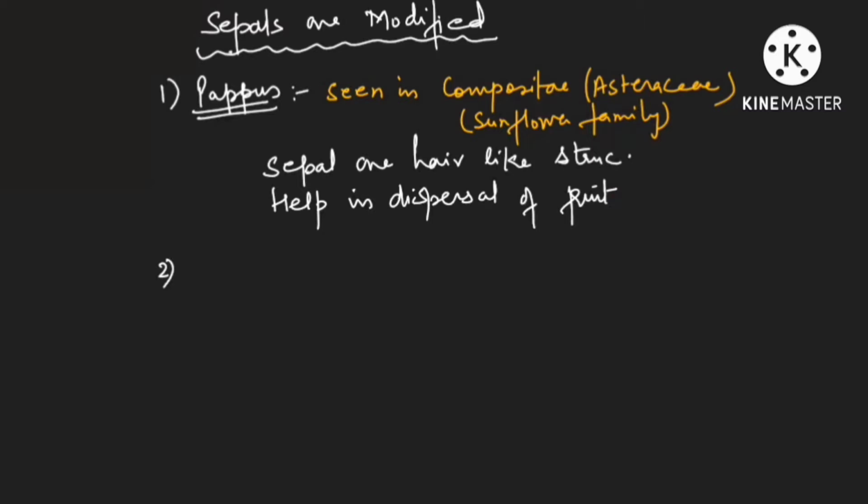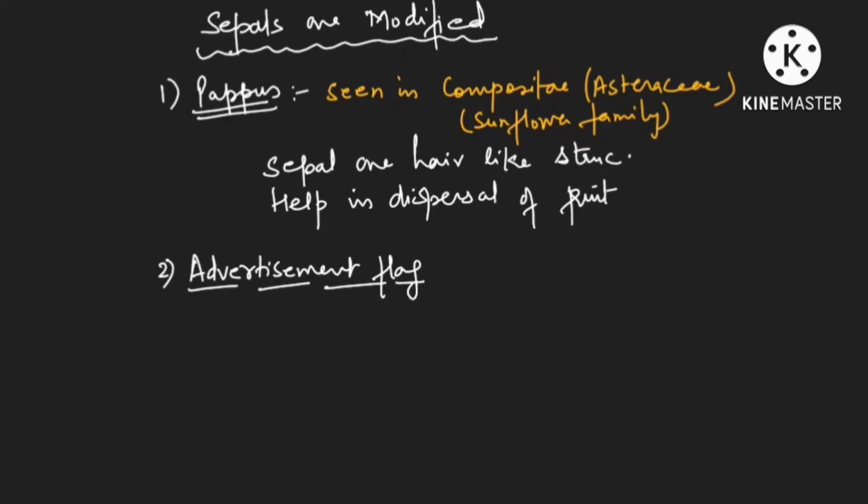Another modification is shown by one plant known as Mussaenda, which makes an advertisement flag. Because the petals are not colorful there, in the calyx of Mussaenda one of the sepals becomes large and leaf-like.